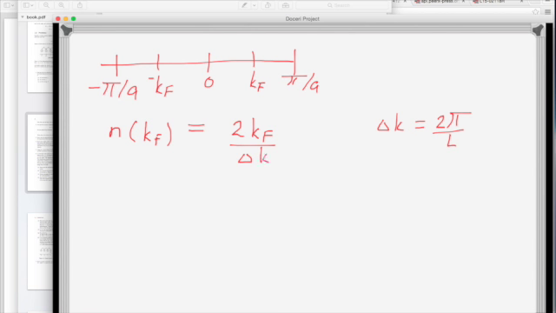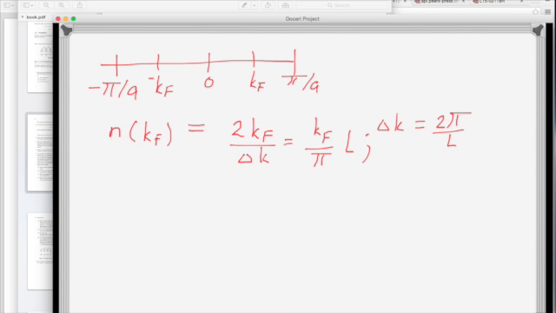Then I have to convert this K into energy and take a derivative. Which is just Kf over pi times L, but we're going to do it per unit length, so you get rid of the L. This is 1D.